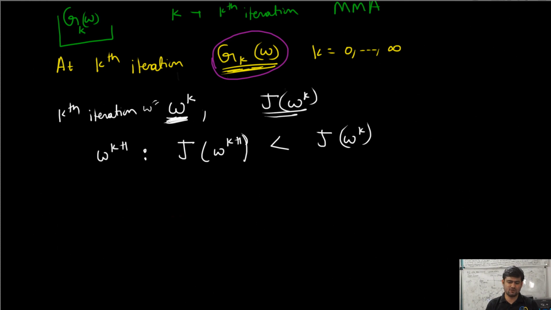So this is our goal. Given the initial guess wk, our goal is to generate wk plus 1 such that the loss function has a lower value at w equal to wk plus 1 as compared to the value it had at w equal to wk. So this is what the majorization minimization algorithm does.